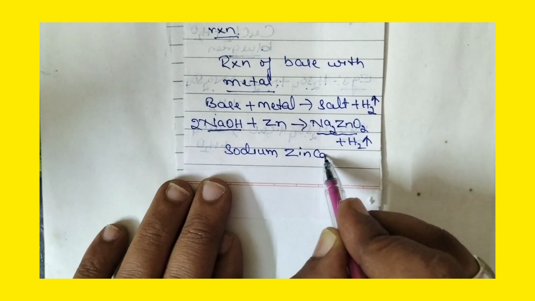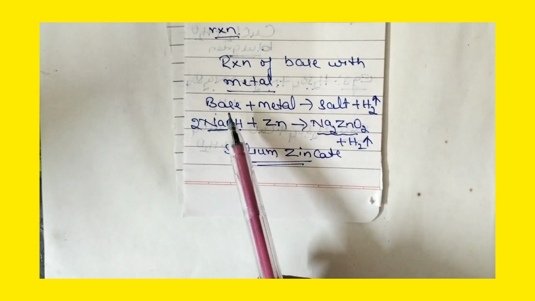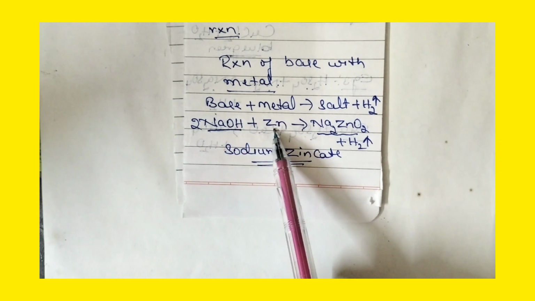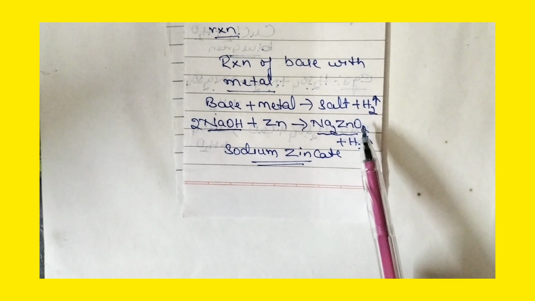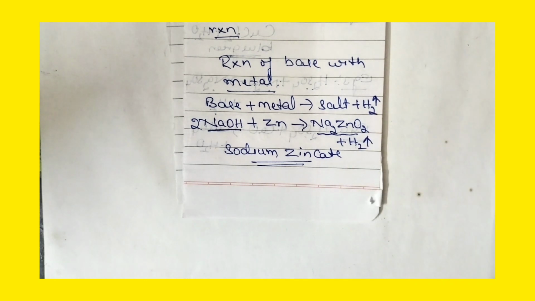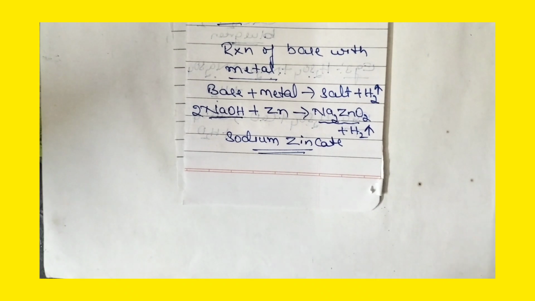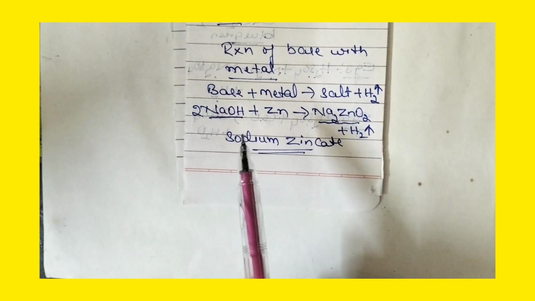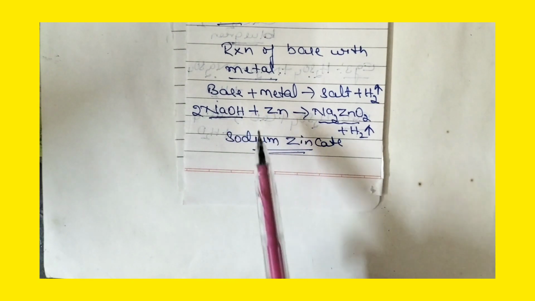Sodium zincate is a salt. So sodium hydroxide, which is a base, reacts with a metal called zinc to form a salt called sodium zincate and liberates hydrogen. This is an example of reaction between base and metal.